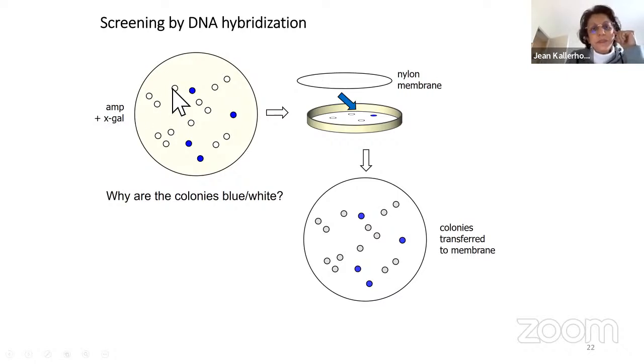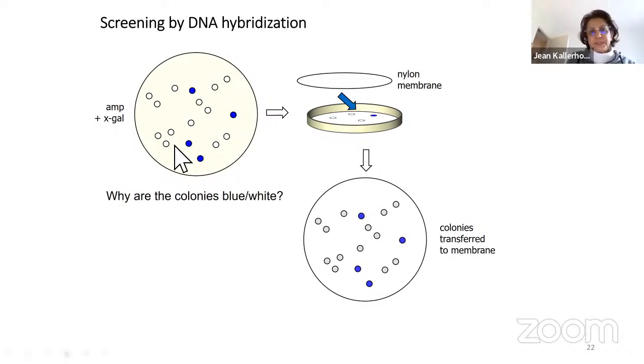Some colonies will be white and others will be blue. You know that the blue ones are of no interest, but you want to see if the white ones all carry the sequence that you are looking for.